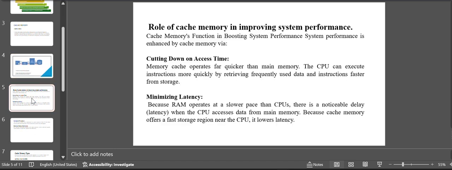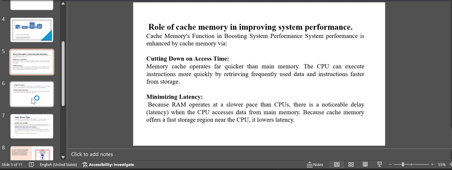And you can see the role of cache memory in improving system performance. Cache memory's function in boosting system performance: system performance is enhanced by cache memory by cutting down on access time. Cache memory operates far quicker than main memory. The CPU can execute instructions more quickly by retrieving frequently used data and instructions faster from storage, minimizing latency.